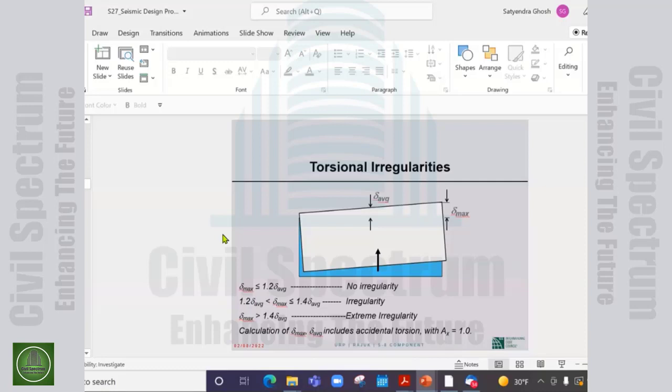So you can judge by comparing the deflections, the interstory drifts again, not deflection, whether you have a soft story or not. Interstory drifts are the reciprocal of stiffness.